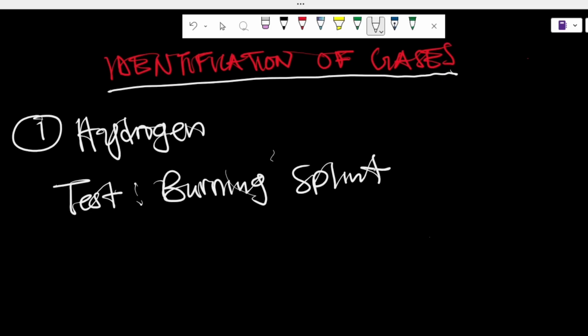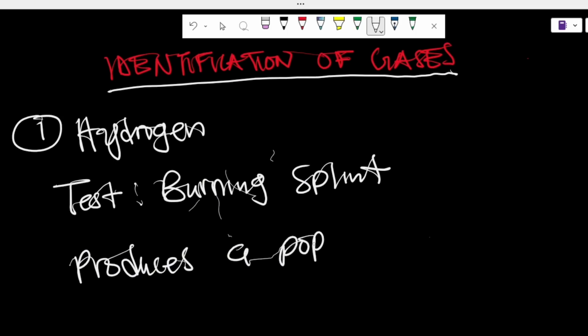And when you use hydrogen with a burning splint, you want to discover that the hydrogen actually produces a pop sound. So because you can't see the gas, just try to use any gas and then you want to identify what kind of a gas it is. If you see that it produces a pop sound, then just know that that is hydrogen.